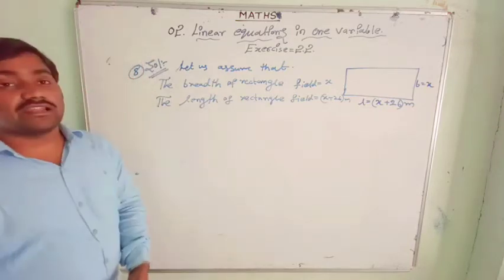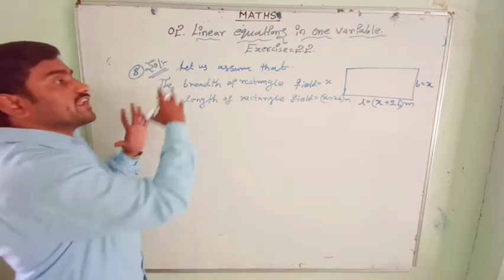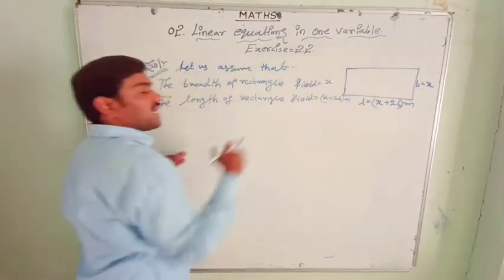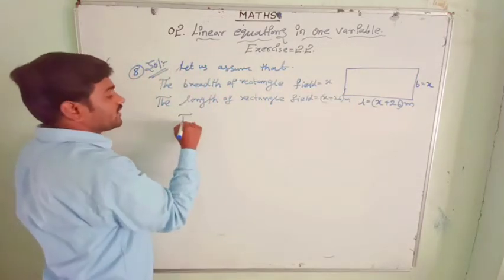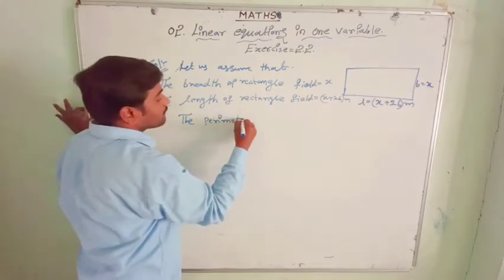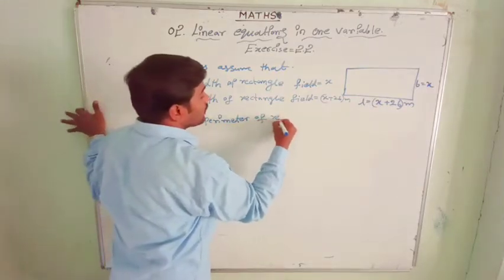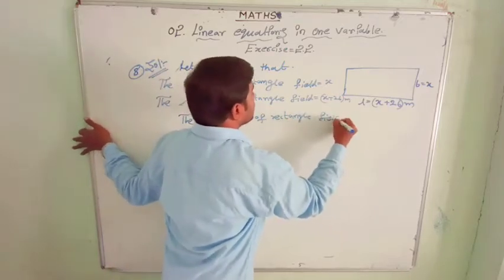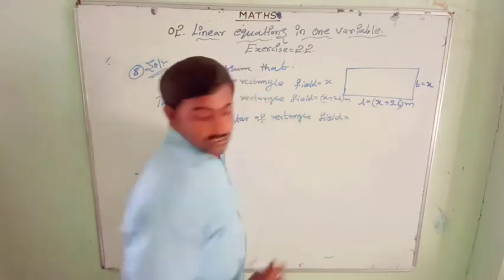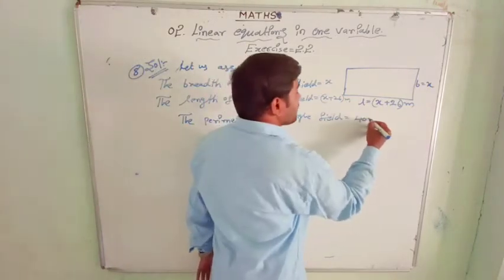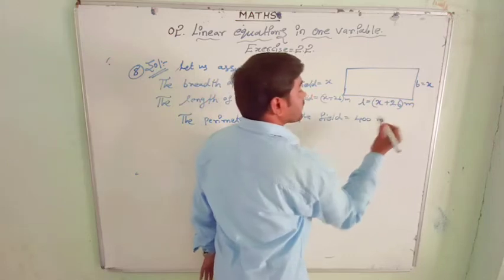Then here they have given the perimeter of the rectangle, the complete length around the rectangular field, that is 400 meters.